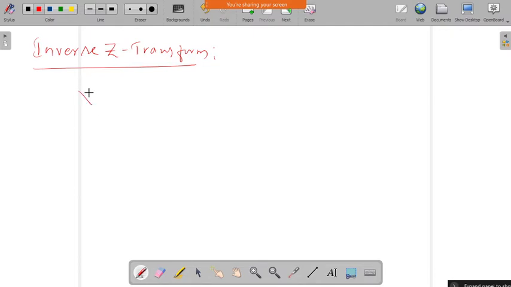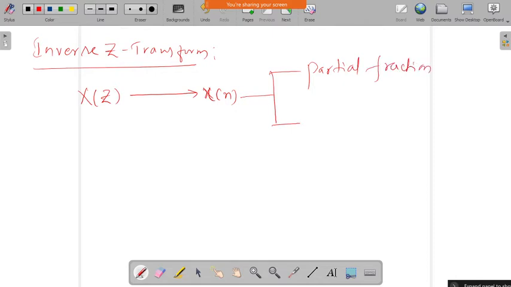Now, if we have x of z, how do we find x of n from it? To find the input signal from the Z transform, that is, the inverse Z transform, we have two methods: one is the partial fraction expansion method, and another is the power series expansion method.